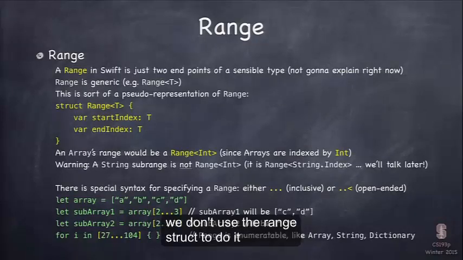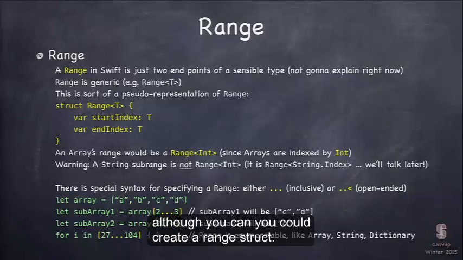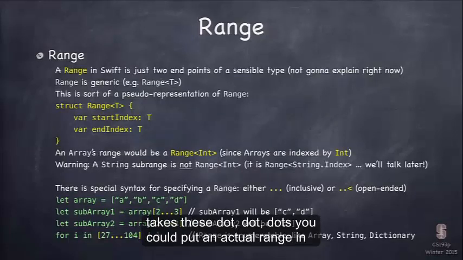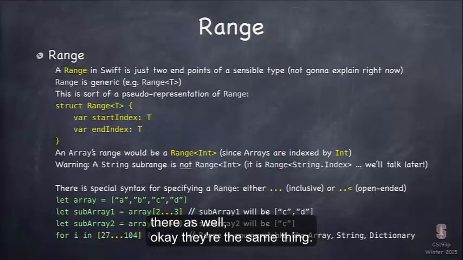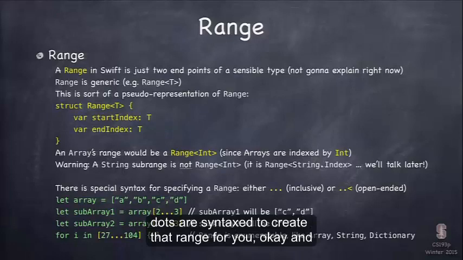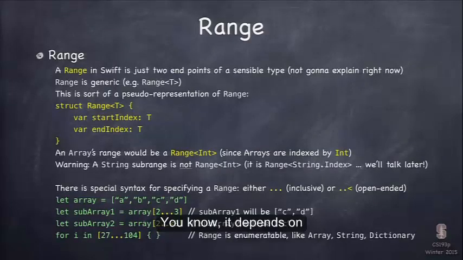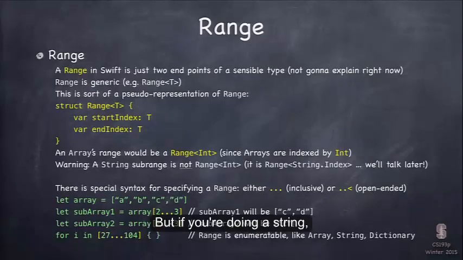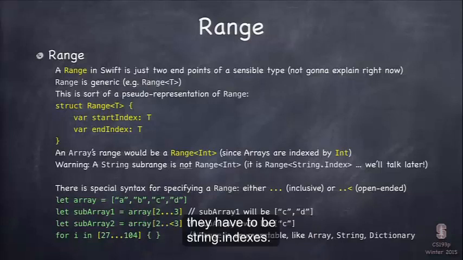99% of the time we don't use the range struct to do it, although you could create a range struct and pass it as an argument to anything that takes these dot dot dots. You could put an actual range in there as well. They're the same thing. The dot dot dots are just syntax to create that range for you. And the things on either side of the dot dot dot depend on what kind of range you're creating. If you're creating a Range of Int, then they'd be Ints. But if you're doing a string, they have to be String.Indexes.